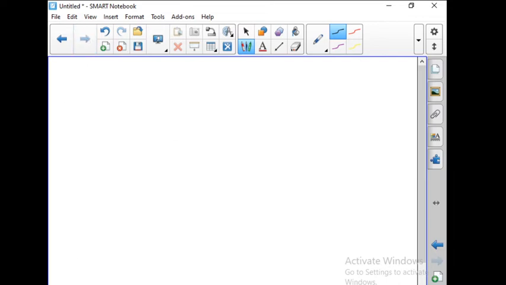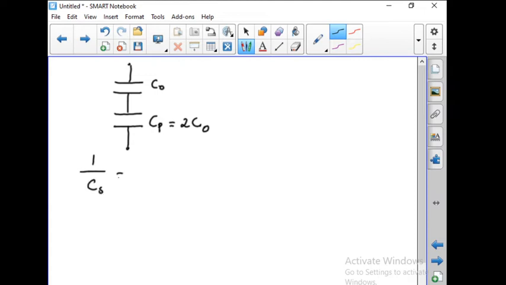So this Cp value replaces these two capacitors. We can draw this circuit as this C0, and the two capacitors are replaced by a single capacitor which is Cp. Now these two capacitors are connected in series. Therefore, how will we calculate the equivalent capacitance? What is the formula? It is 1 by Cs is equal to 1 by C1 plus 1 by C2.